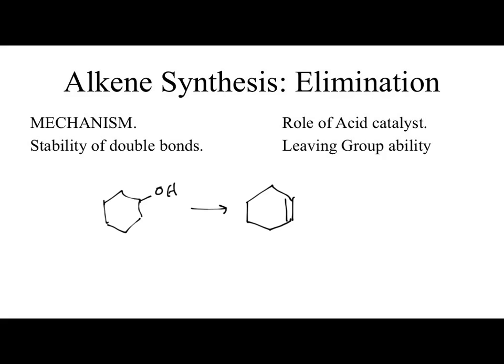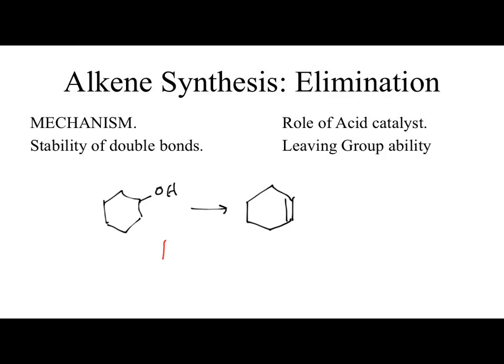I know this wasn't exactly what we did in lab, but it's close enough. For that reaction to occur, we definitely have to have the OH break off, but that is a terrible leaving group. So it's not something that happens easily on its own. So we add an acid catalyst to speed our reaction or to facilitate it actually occurring.